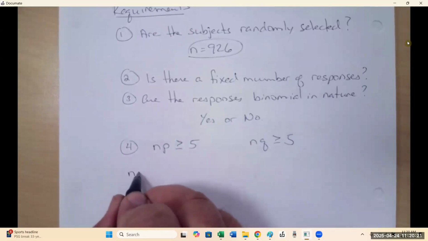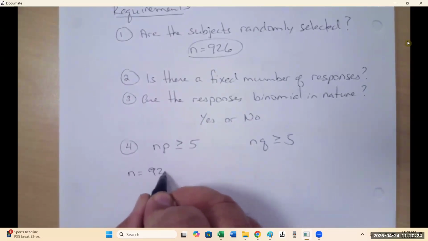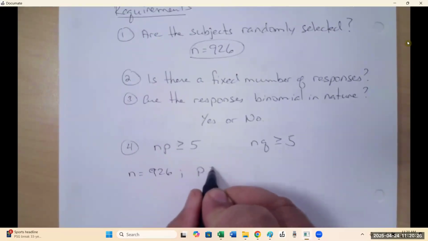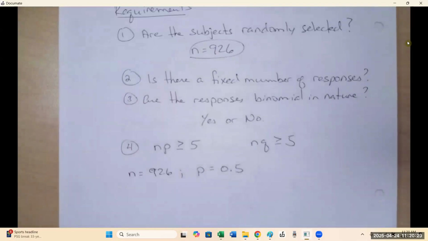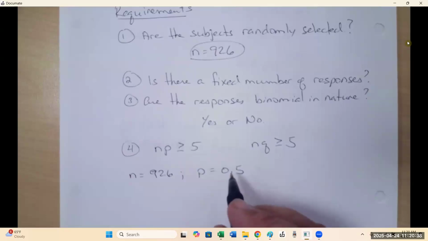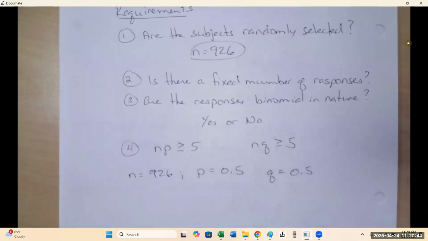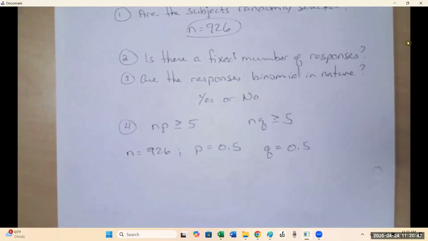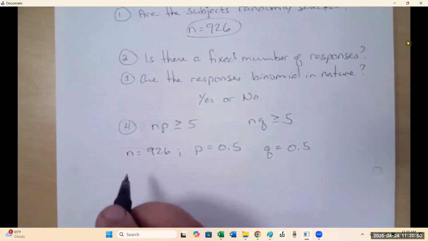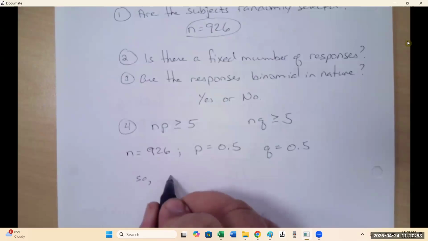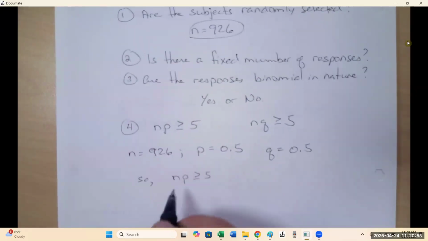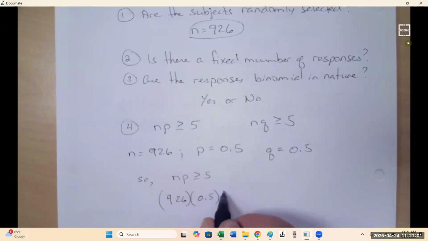Remember, n is 926. p is 0.5. Why is p 0.5? 50-50, right. So p is 0.5, then q has to be 0.5. So n times p has to be greater than 5, so we have 926 times 0.5.